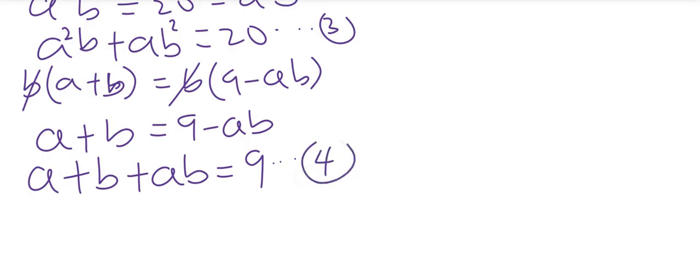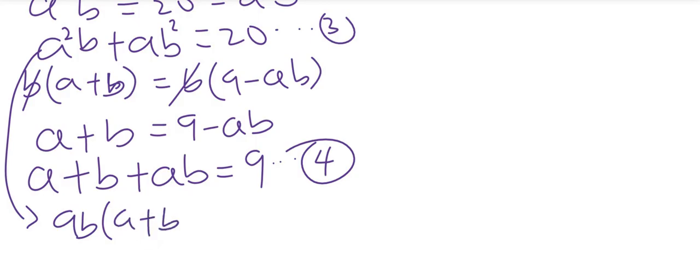Looking at equation 3 and 4, they have something in common, which you cannot see directly except it factorizes. So let me factorize equation 3. If I factorize equation 3 with ab as the highest common factor, ab open bracket a plus b equal 20. So this is still equation 3.